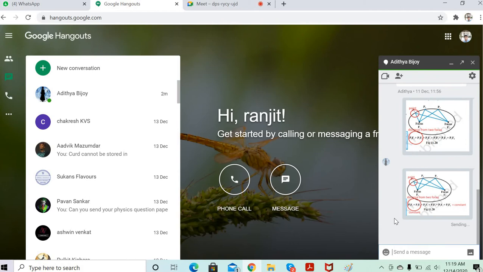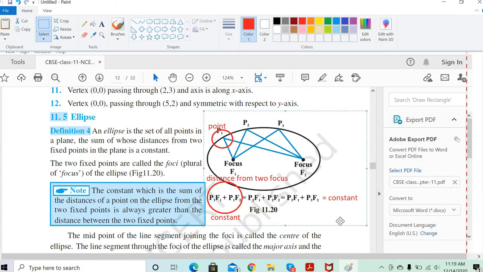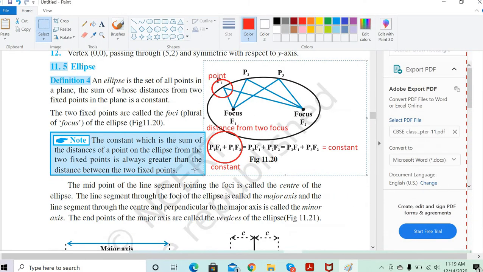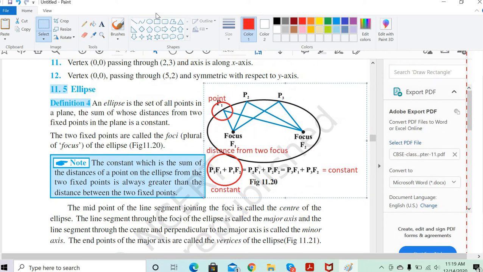This is the basic funda of the ellipse. So any point when we consider it, if we consider the second point, what will be the distance of P2 from F1? P2F1. And from F2, P2F2. Correct? And similarly we have from the P3 point.